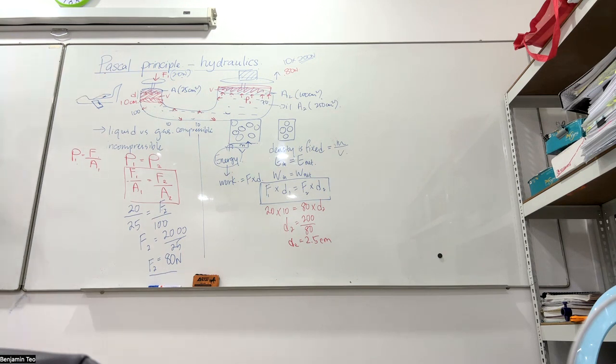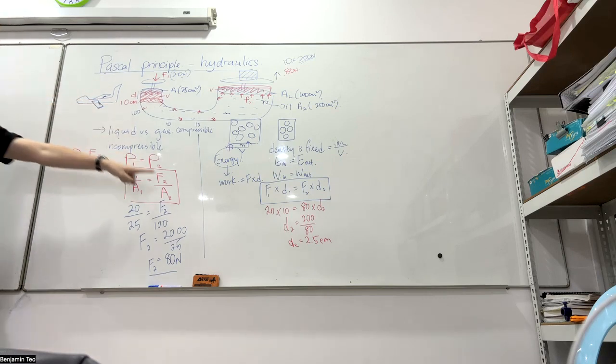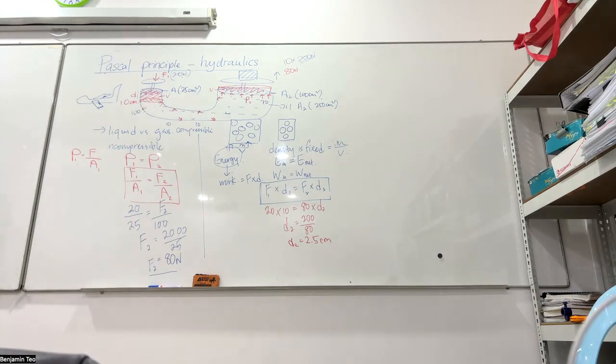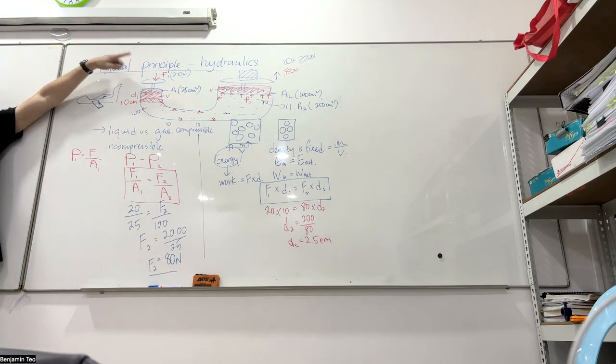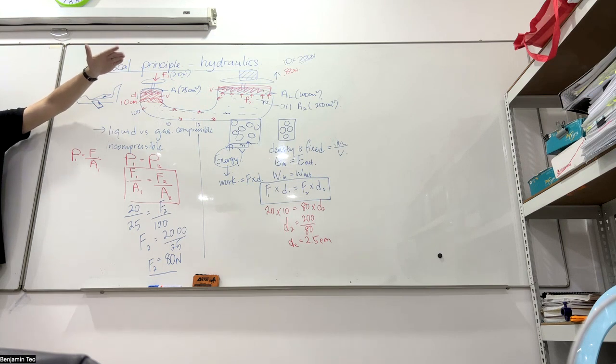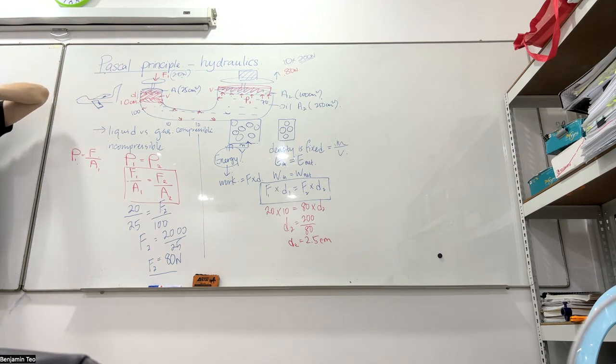So that means the distance traveled by the piston is decreased by a factor of 4. Overall, you increase your force by 4 times. From 20, you get 80, but your distance traveled decreased by 4 times. That is the downside.